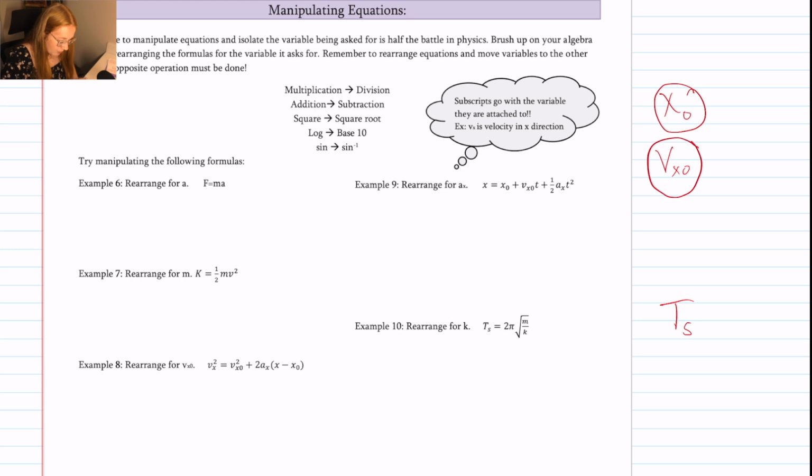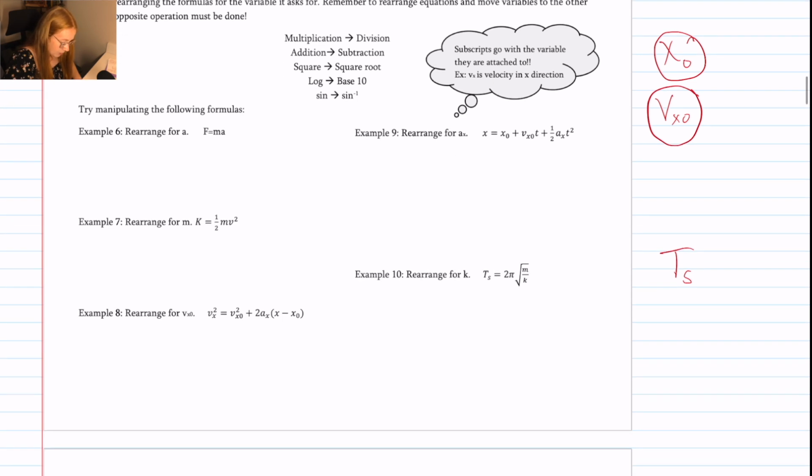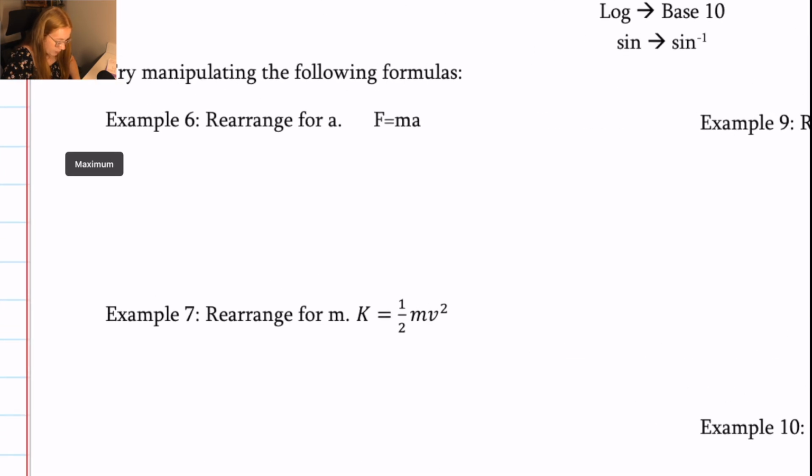Make sure you keep the subscripts with the variable that they are attached to. When they say Vx, they mean velocity in the x direction, so it belongs together. And the 0 usually indicates it's at time 0. Ts would be the tension in the spring, which we won't get to until spring semester, but really this activity is just to learn how to manipulate equations.